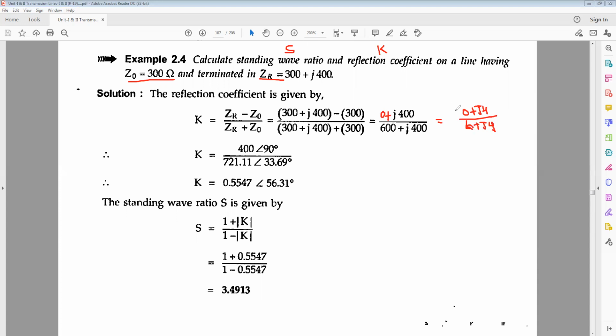Means in the numerator I take 100 as a common and the denominator also 100 as a common, and still you can simplify this value as 0 plus j into 2 by 3 plus j into 2. So the numerator you can find in terms of the polar form, and the denominator also in terms of the polar form.